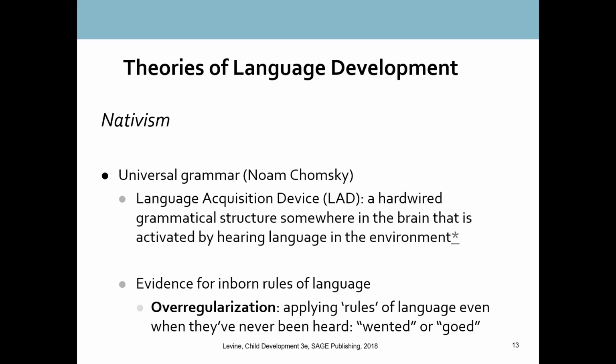This is what Noam Chomsky suggested, that our brains are built to analyze and determine the grammar and the syntax of a language. Okay, so those examples are best explained by nativism, and they really go against the idea of behaviorism and social cognitive theory.